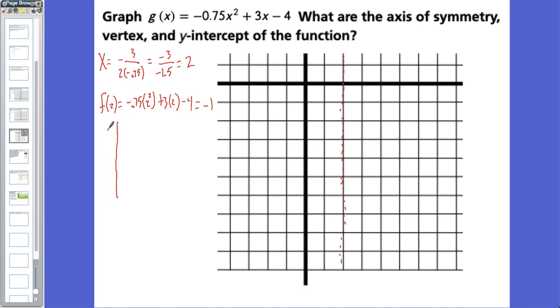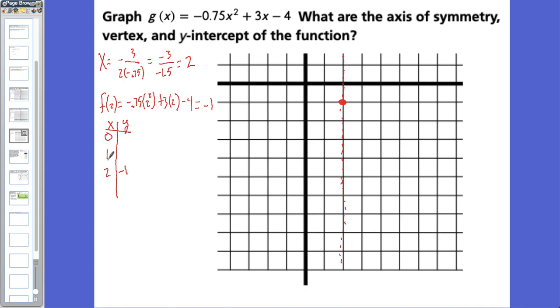Okay? So my vertex then, x, y, that's a y, believe it or not. Y is at 2, negative 1. So over 2, down 1, right there's my vertex. Now check out where I'm at. If I've got to go over 2 spaces to get to my y-intercept, and this time the 0 is going to be up here, right?